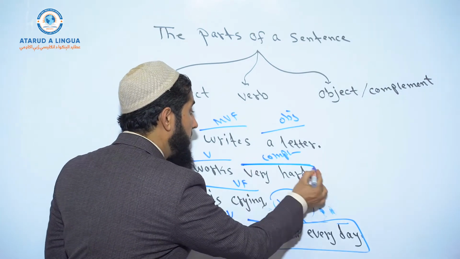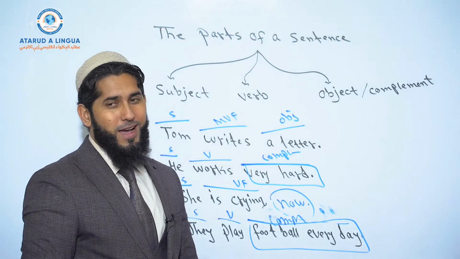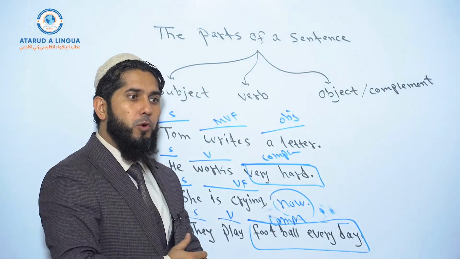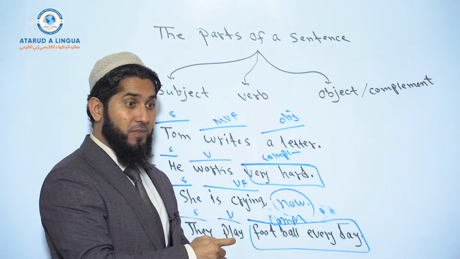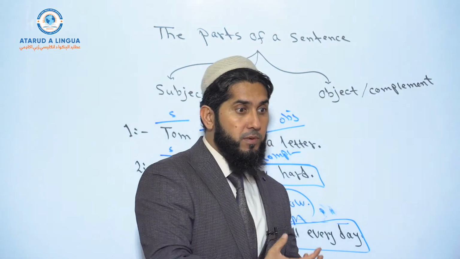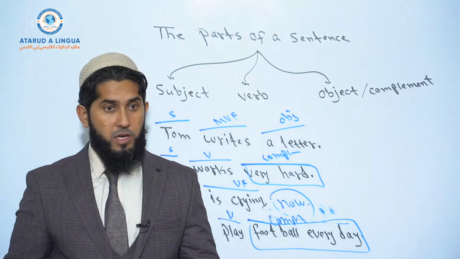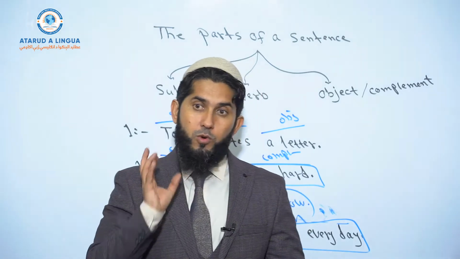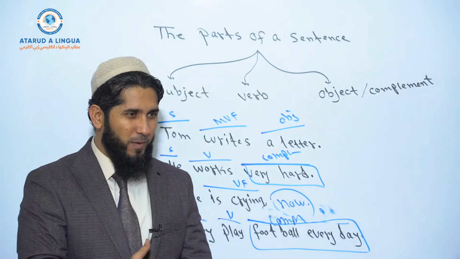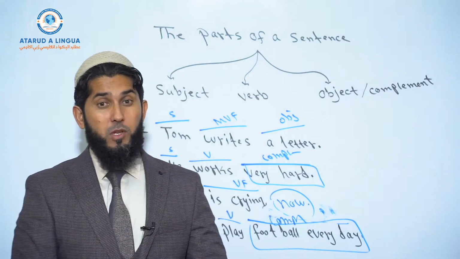So here we have the complement "very hard," and we cannot say it is an object. Why? Because an object is the receiver of the action or the state. If it's a state verb, the object receives the state. If it is an action verb, the object receives the action. For example, you say, I hate something, I like something. The state of liking something comes from the subject, from you. For example, you like pizza.